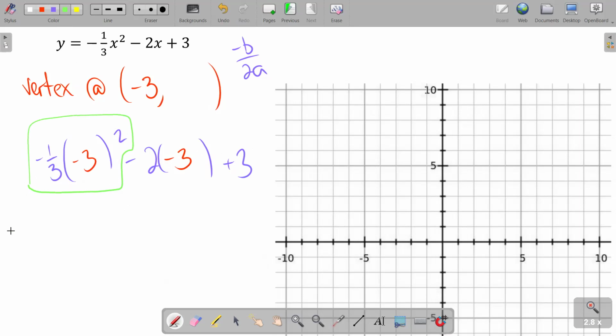It's -3. Very good job. And how we get that, I know your calculator would give it to you, but for those of you interested, you do the red jelly bean first. What's -3 squared? 9. What's a third of 9? 3. And then you put the negative on it because it was a negative times a positive.